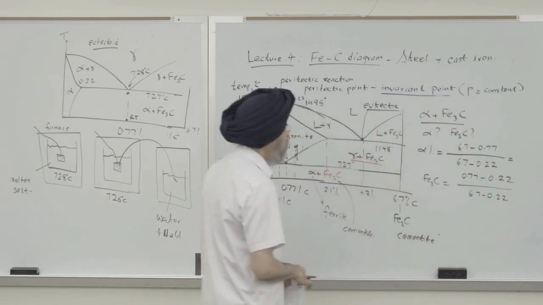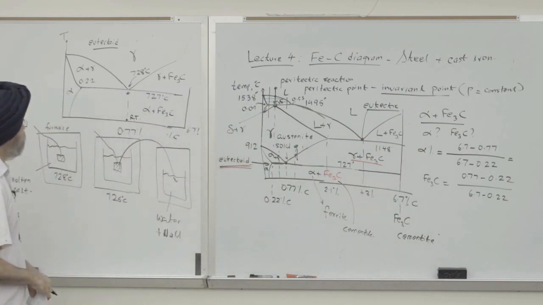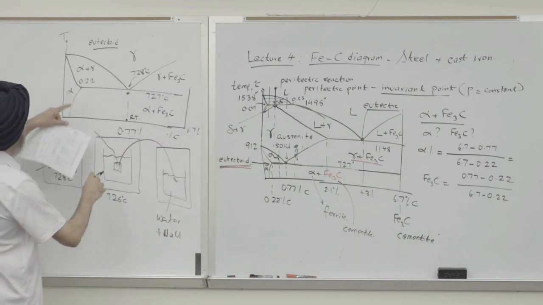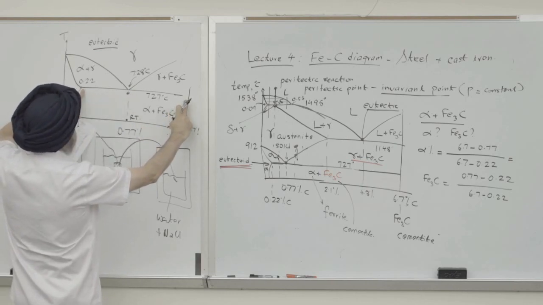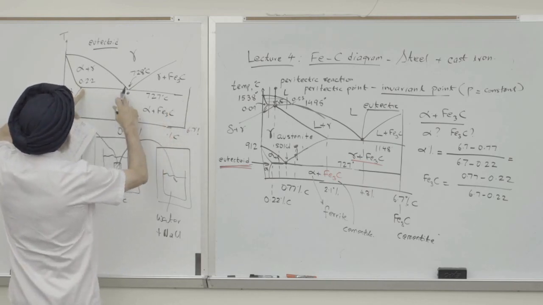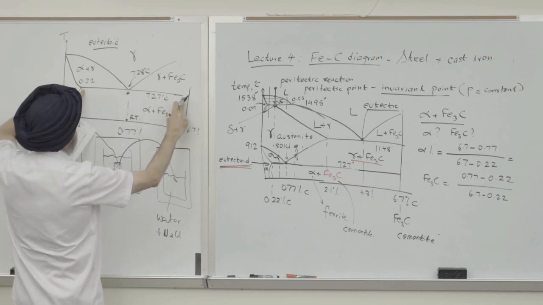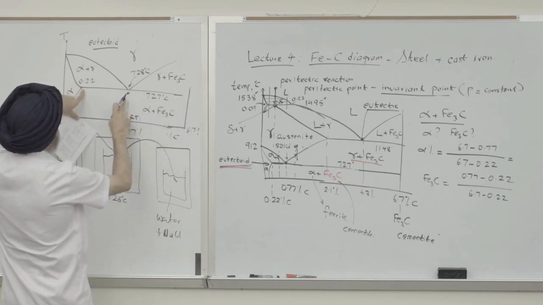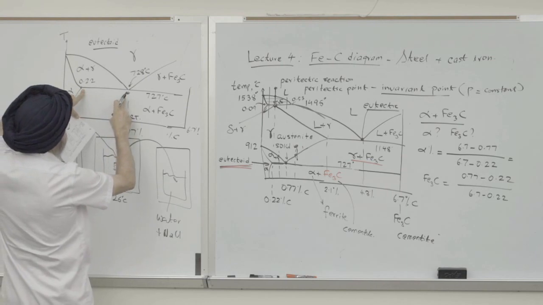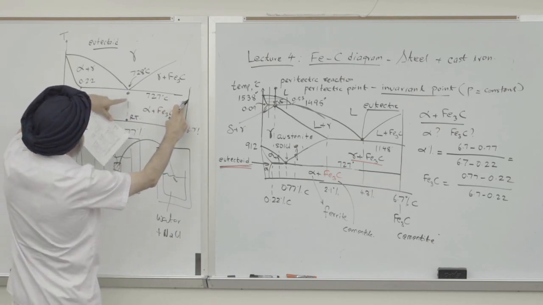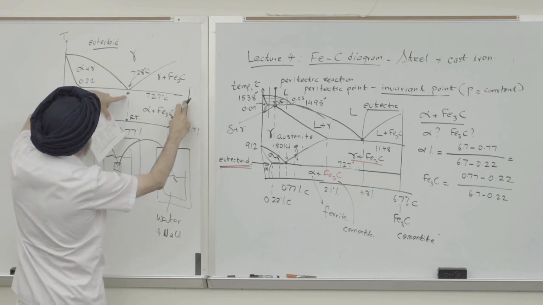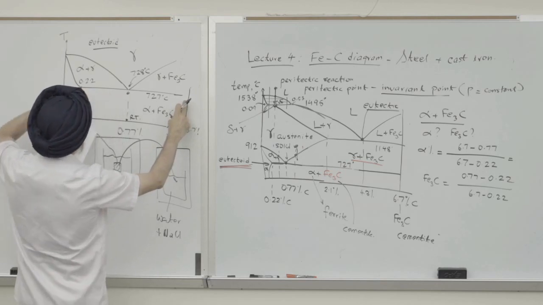So what I'm doing over here is the amount of alpha is this amount divided by that amount. The amount of ferrite is this amount divided by that amount. So amount of ferrite will be 0.77 minus 0.22 divided by 6.7 minus 0.22. The amount of alpha will be 6.7 minus 0.77 divided by the whole thing.